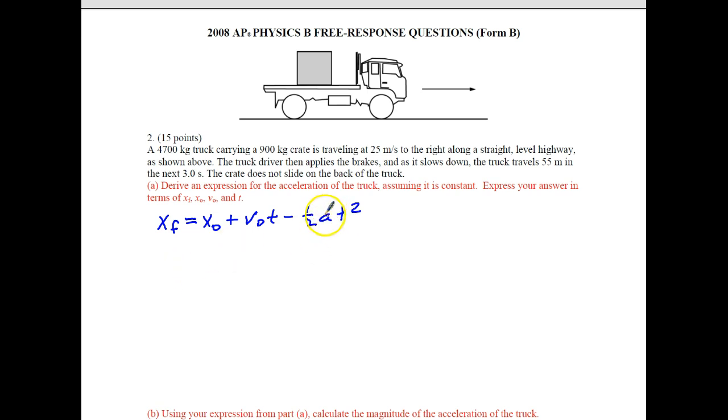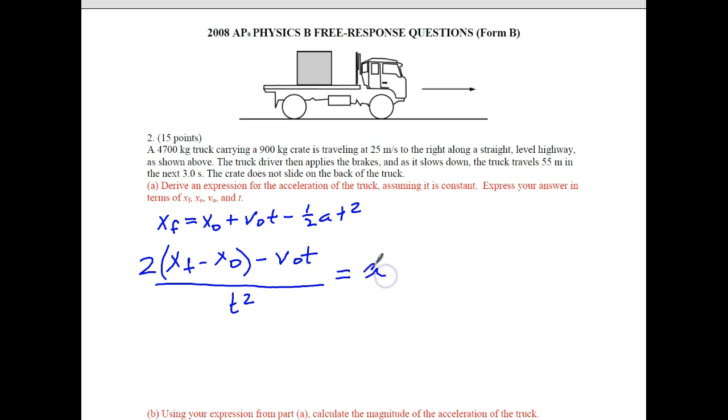We need to get everything on this side, so we're going to say xf minus xo in brackets, and then we also need to do minus vo t. Now we're going to divide both sides by t squared and multiply both sides by 2. So I need to put a 2 here, and that's equal to a.